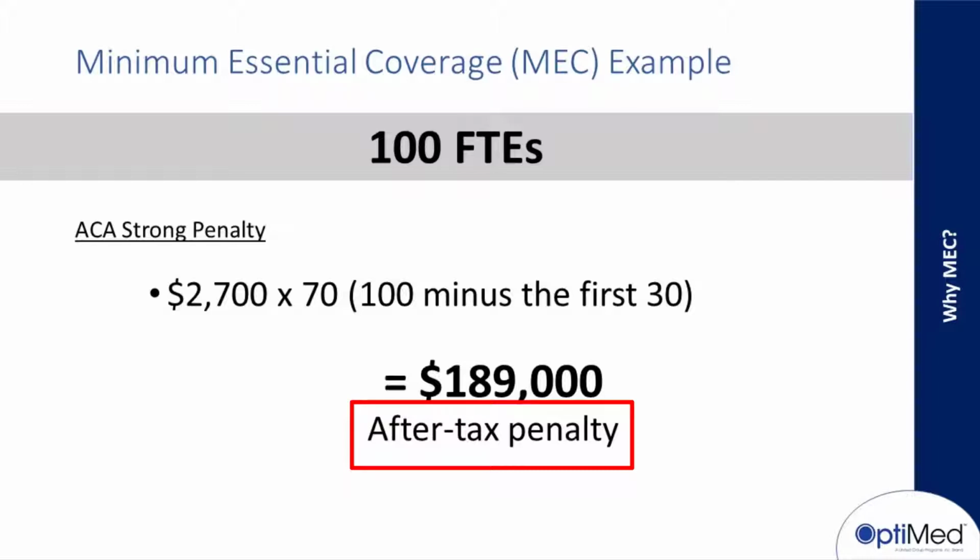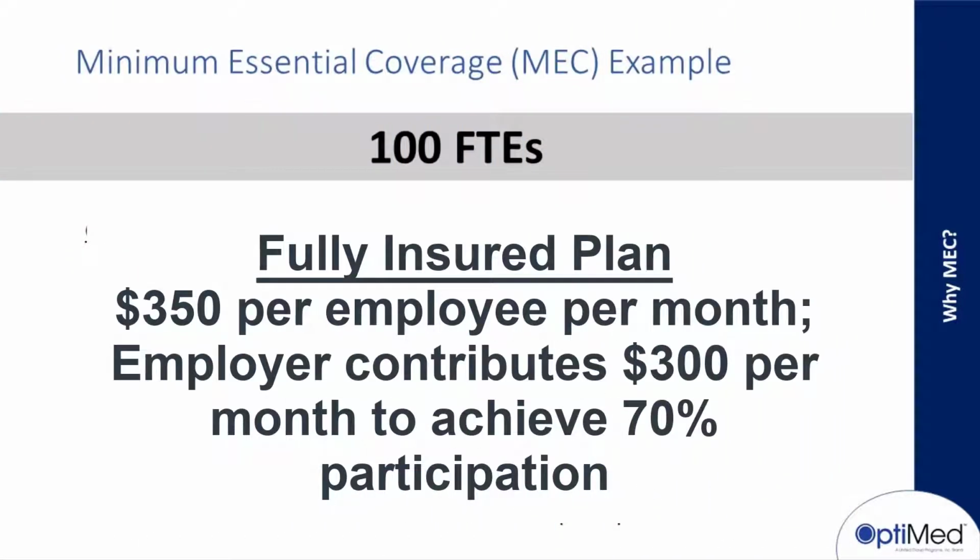I'll offer a fully insured program through Blue Cross and Blue Shield or Anthem or whoever. Get me a fully insured plan, make it an HSA plan, give me the cheapest plan. So let's say you can get a 350 plan, which might not be the cheapest plan, say it's in the middle, whatever. But in order to enroll these employees onto the plan, again, we're talking about not Google employees, we're talking about restaurants, factory, retail operations, security guard companies, temporary staffing agencies, companies whose employees do not make a lot of money.